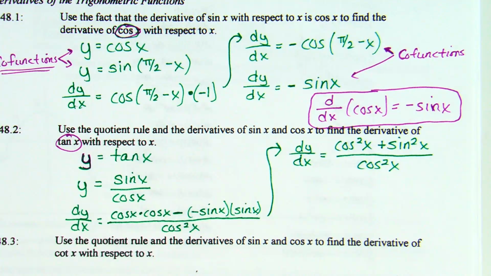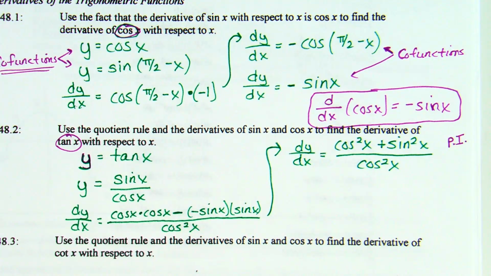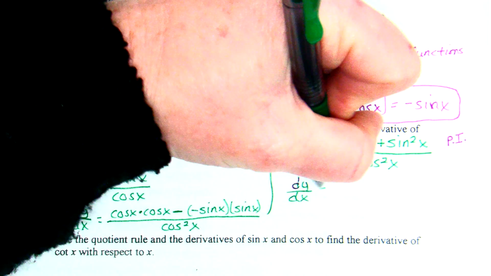Nope. Sine squared plus cosine squared is equal to 1. That's usually how that one's given. It's the other two that have the plus 1 on one side that you have to move around more. But in this case, it's just as is. So now, dy dx is equal to 1 over cosine squared.